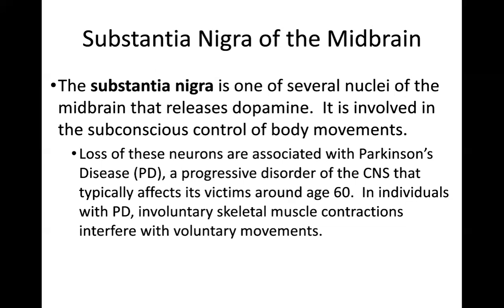Like I said the other day, Michael J. Fox is kind of the most well-known person; he was in his 40s, really young. Most of the time it doesn't affect people until they're 60.